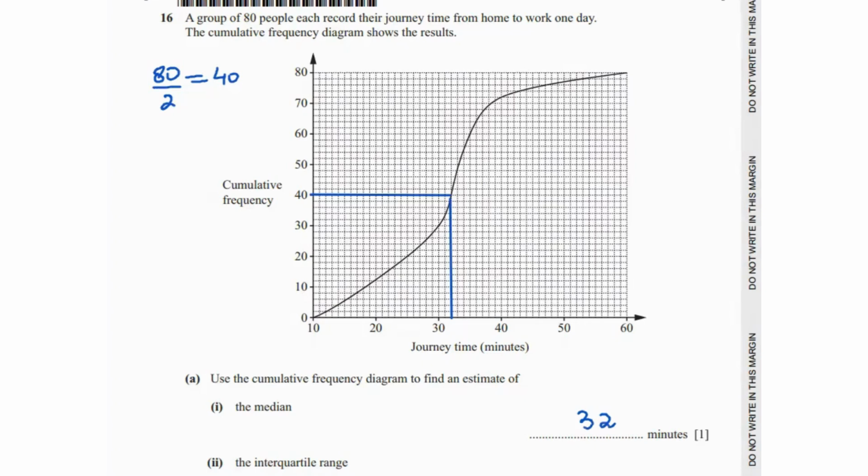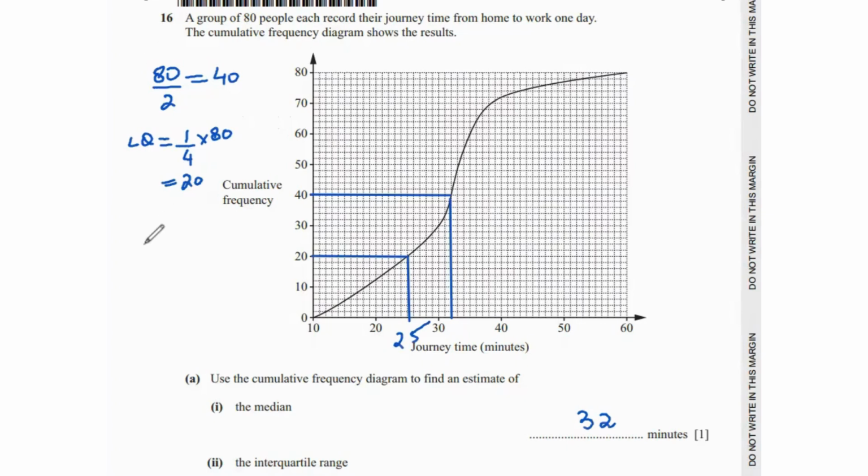For the interquartile range, we'll find the upper quartile and the lower quartile. The lower quartile is going to be 1/4 of the total frequency, which is 20. So we draw a line from 20 towards the graph, and that gives us 25, if I'm not wrong.